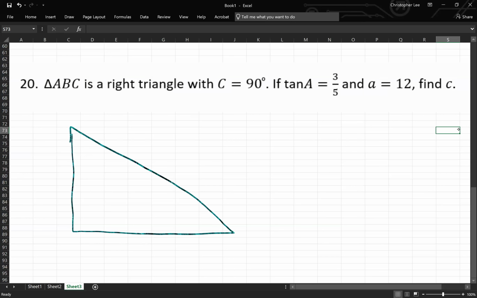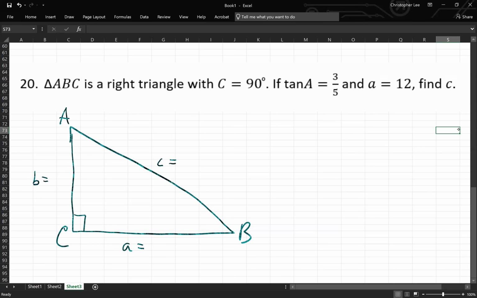I like to call my top A and my bottom B, and then angle C is right there. Opposite angle A is leg A. Opposite angle B is leg B. And opposite angle C is leg C. So legs are lowercase letters, angles are capital letters.